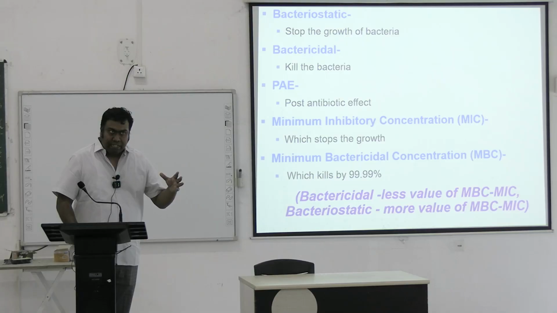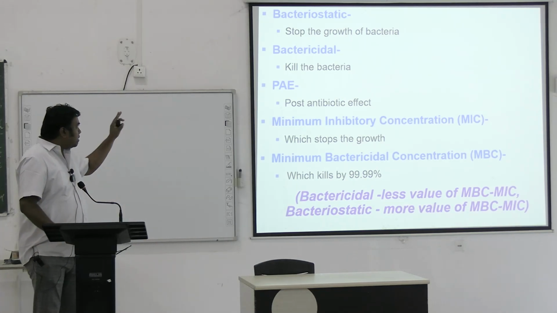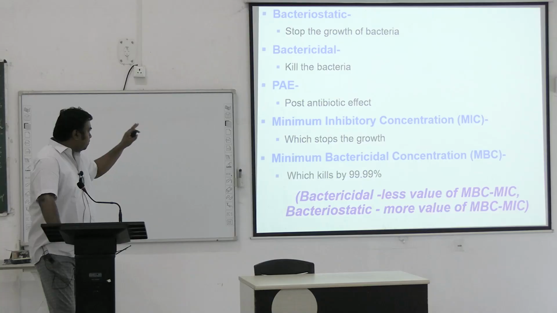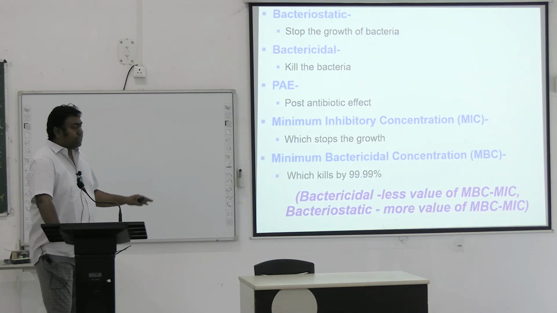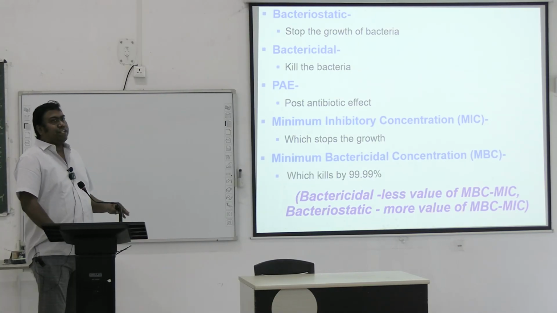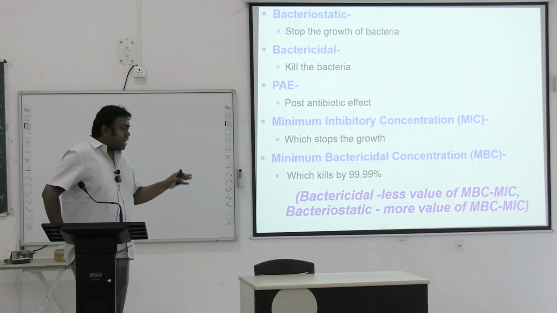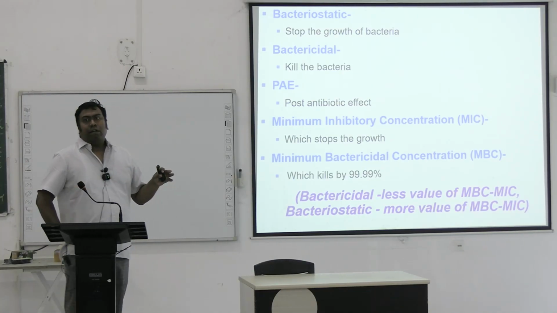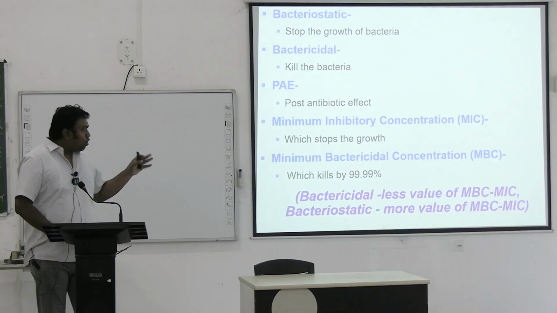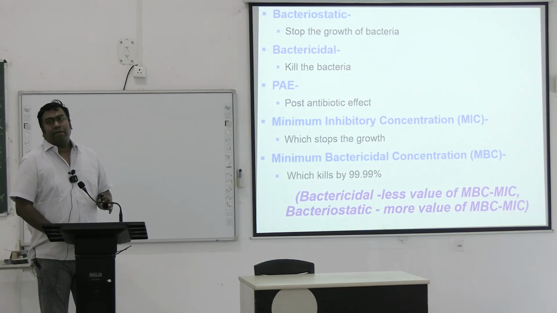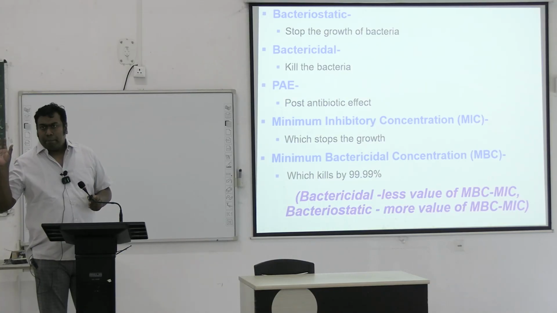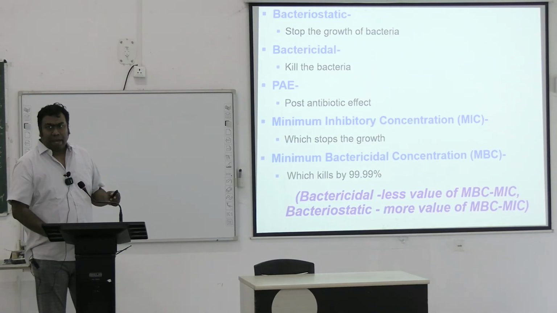If it is large, the agent is called bacteriostatic. Clear? So we covered bacteriostatic, bactericidal, post-antibiotic effect, minimal inhibitory concentration, minimal bactericidal concentration, and the role of these in deciding whether it is a bacteriostatic or a bactericidal agent.